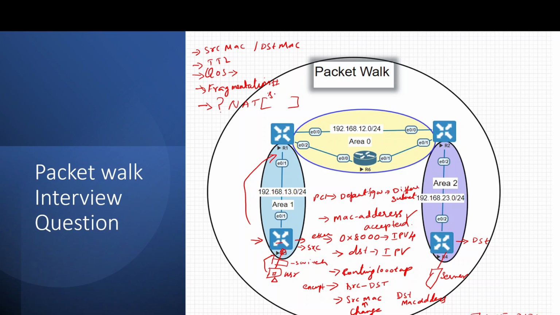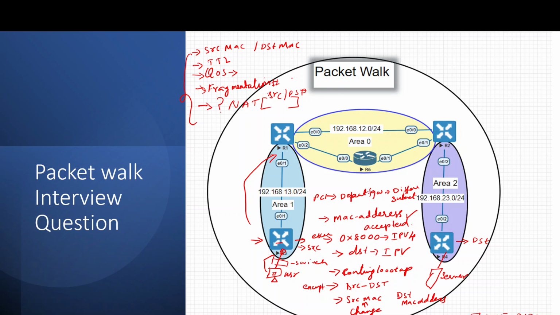In case they have static NAT, based on whether it is source NAT or destination NAT, the IP address will be changed in the IP packet. Okay, these are the fields that can potentially change in the IP packet when a packet travels from a source to the destination.